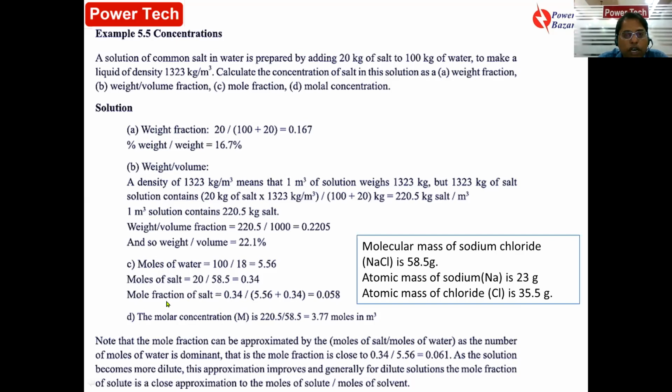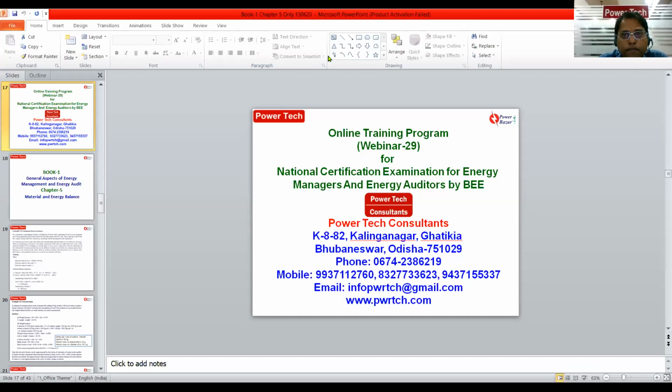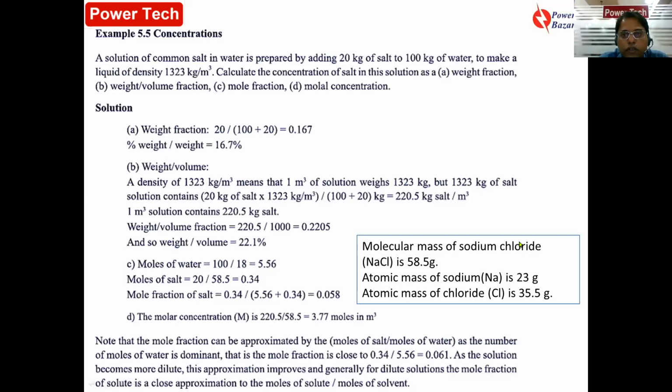Now you can note here that mole fraction can be approximated by moles of salt by moles of water, as the number of moles of water is the denominator.